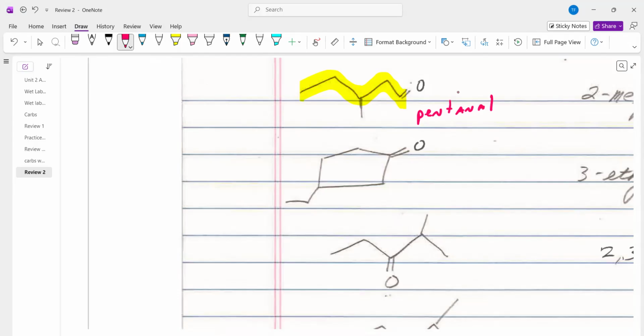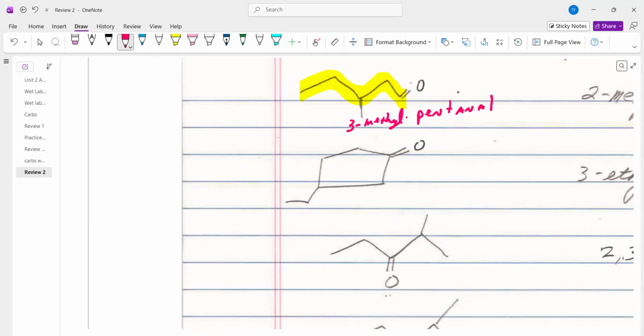One, two, three, ethyl. Now you can put the one there if you want. Most textbooks leave it off, but it is optional if you want to put it there just to be consistent.